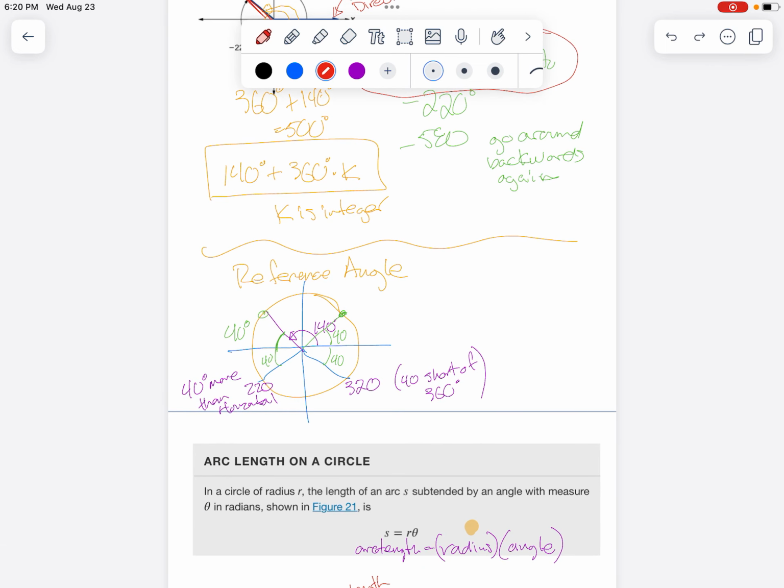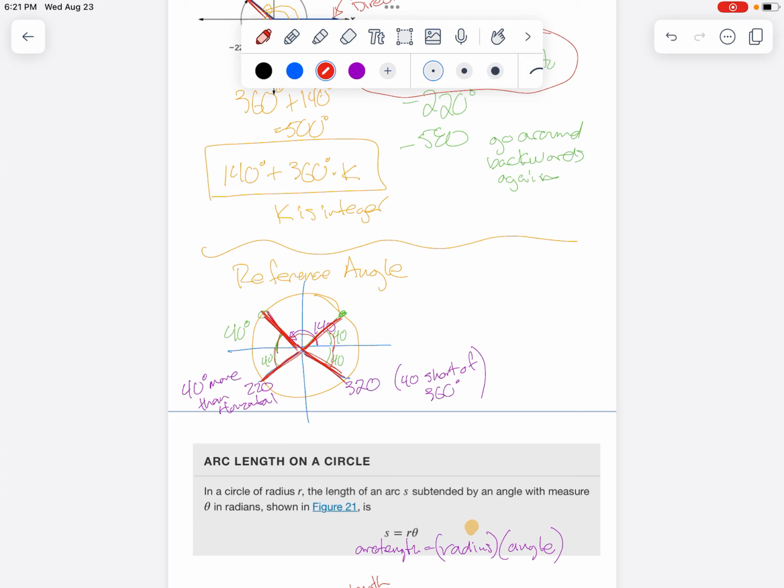And then a reference angle is a thing that we'll use a lot, where if we've got this 140, that's the angle 140 that we had here. The reference angle, you kind of get 4 similar angles that are all related, these red ones, and they're 40 degrees up and down from the x-axis.